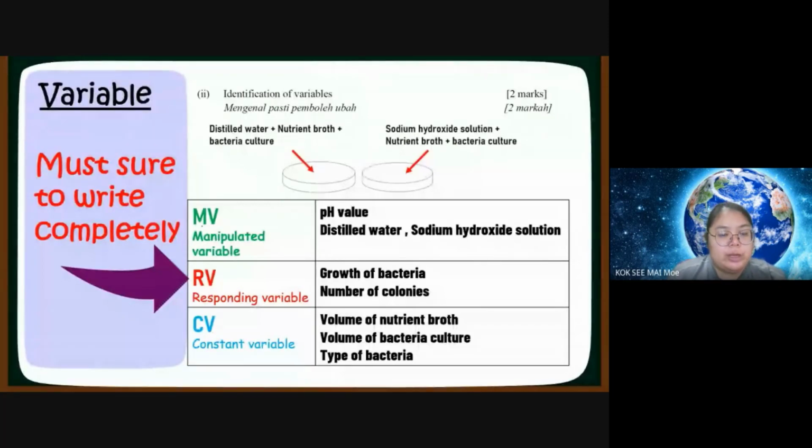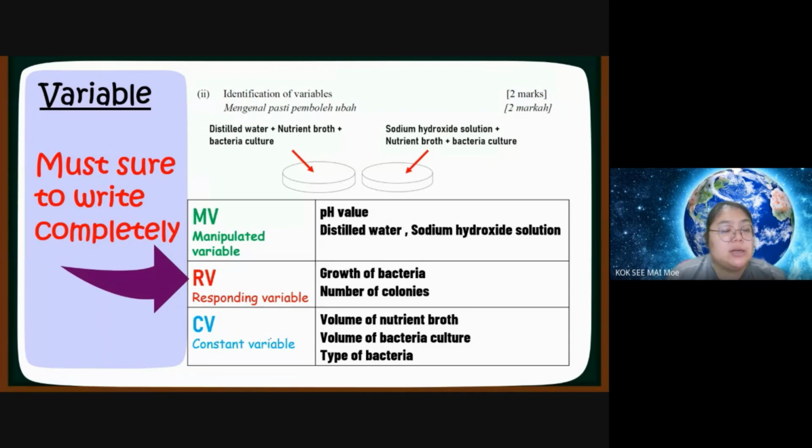Don't write MV, you need to write manipulated variable. Then what is that? pH value, or as mentioned just now, distilled water and sodium hydroxide solution. For RV, write full words, responding variable: growth of bacteria, number of colonies also can.